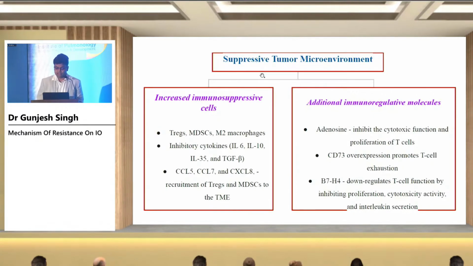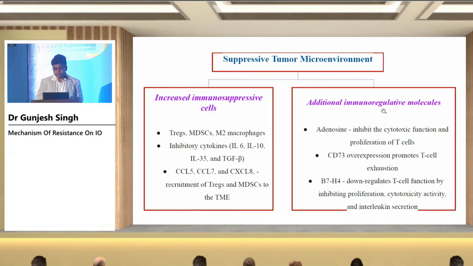As I have already shown, in the tumor microenvironment we can have suppressive cells such as regulatory T cells, myeloid-derived suppressor cells, and tumor-associated macrophages. They secrete various cytokines that are suppressive to cytotoxic T cells, and these cytokines further recruit regulatory T cells and stromal cells in the tumor microenvironment, which further adds on resistance.